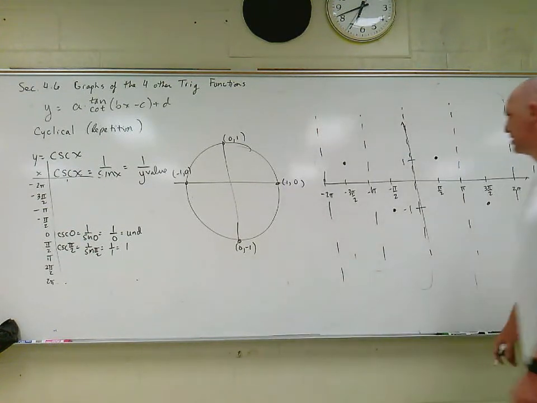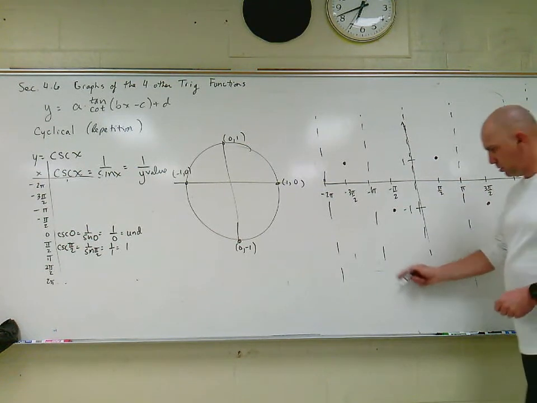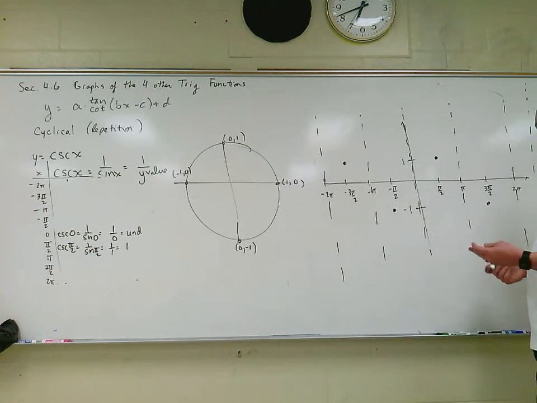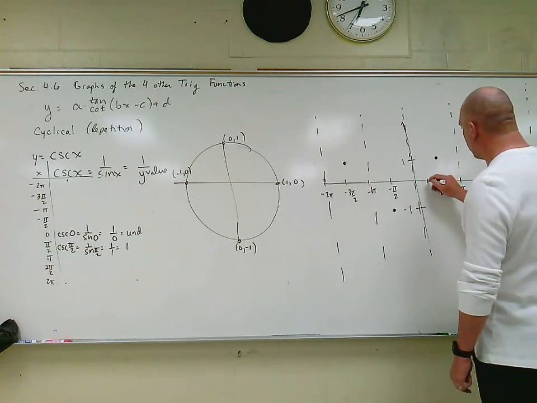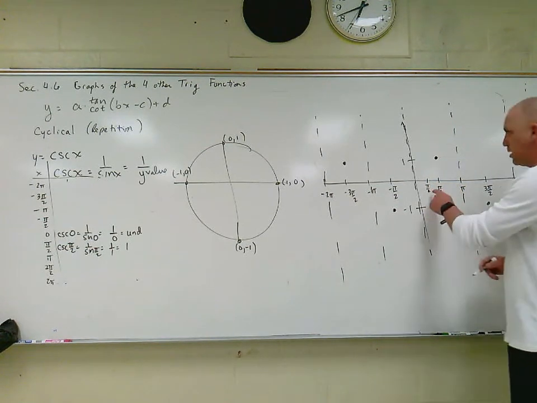Now, the question is, what's happening at these points? What's happening from here? We need more points. This isn't enough. So remember, asymptotes act as what? Boundaries and guides. The graph is going to approach it. So let's think real quick. Pi over 4 would be here.